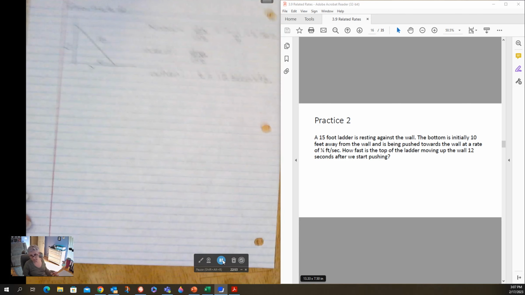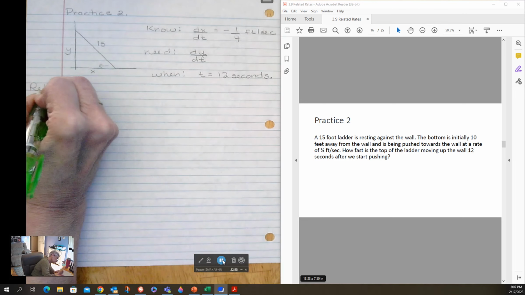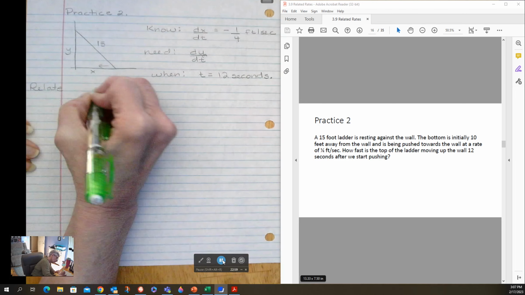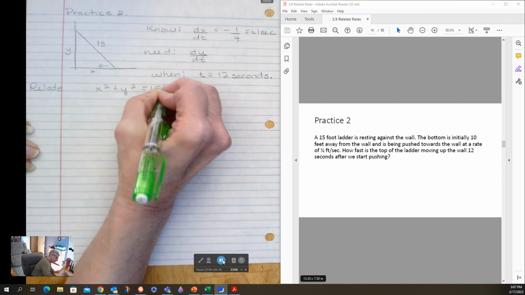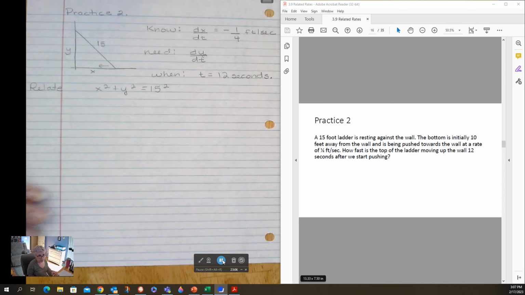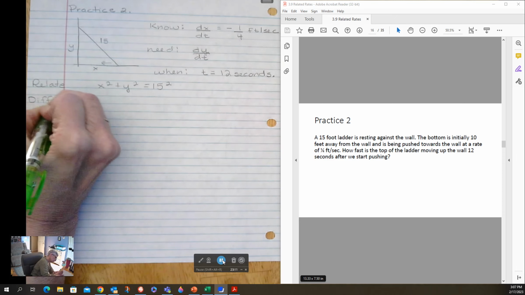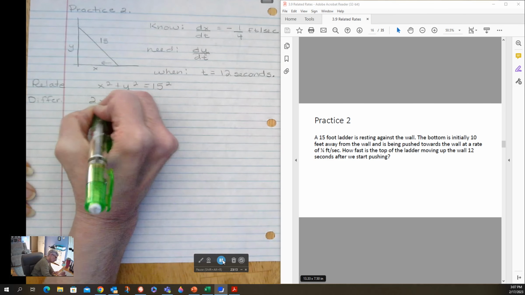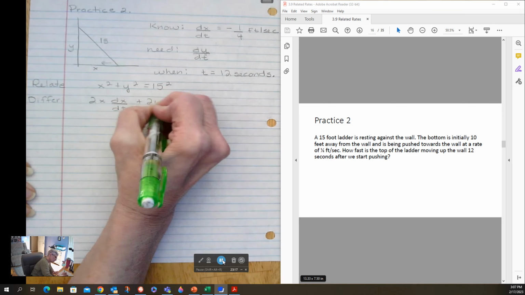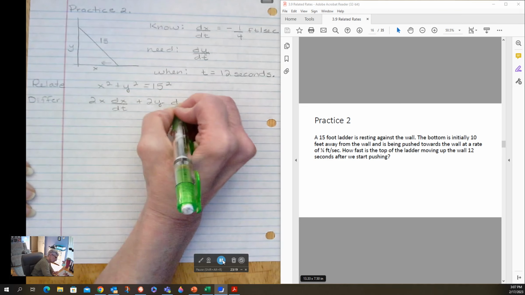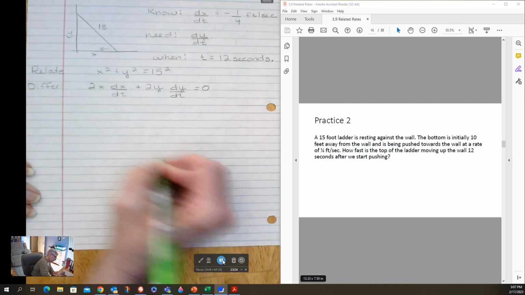So, let's go ahead and relate. x squared plus y squared is 15 squared. Differentiate. 2x dx/dt plus 2y dy/dt is 0.